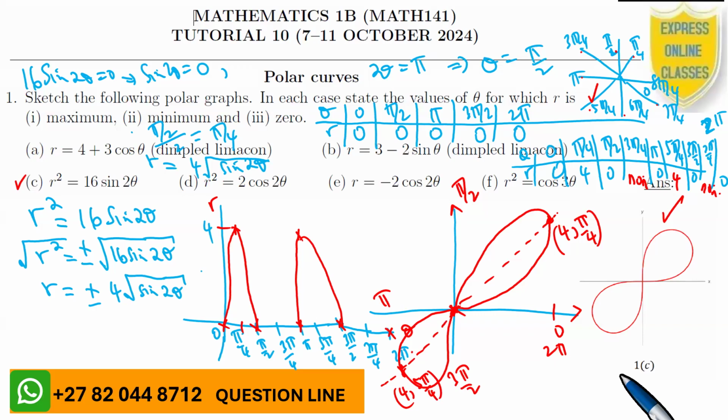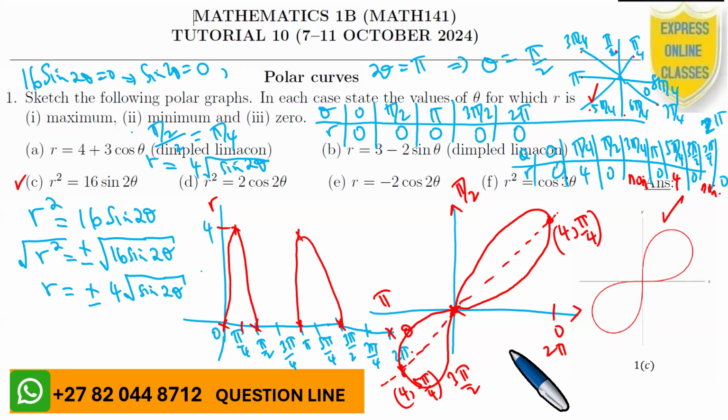It is symmetric about which axis? That's a good question. When do you know when to use pi over 4? When do we know when to use pi over 4?